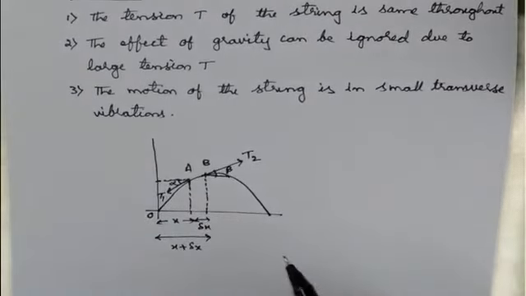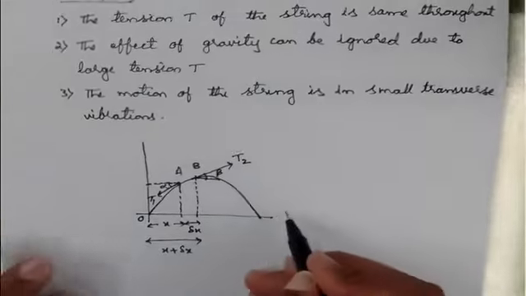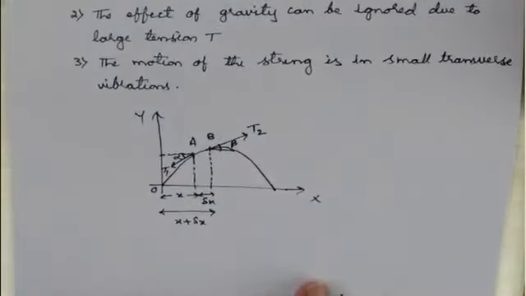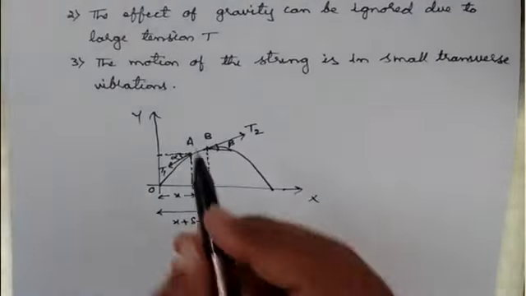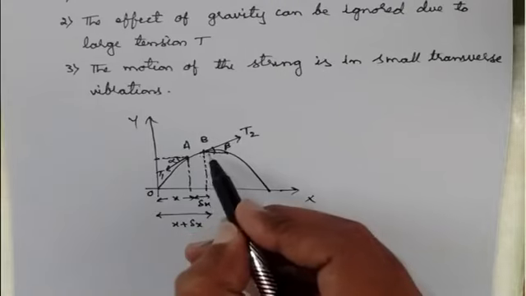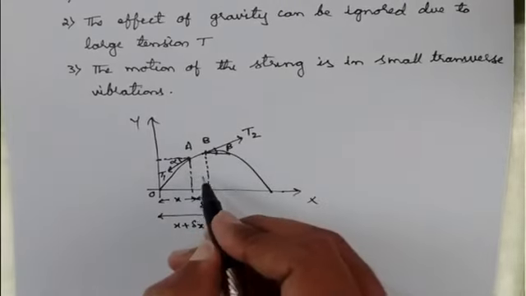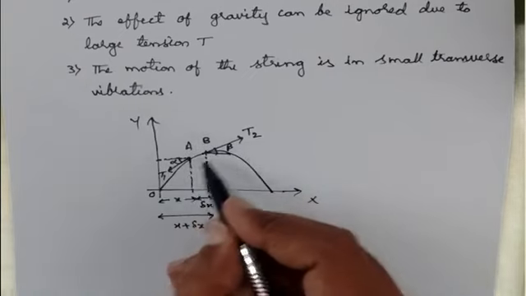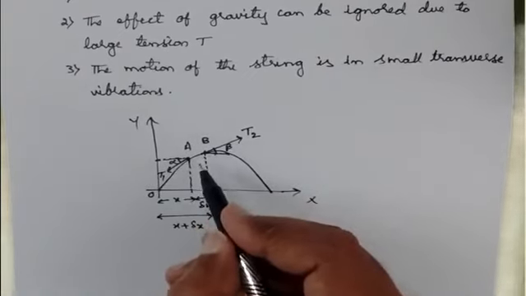So this is the wave that we are having, and we are considering the x and y directions. We are taking a small element AB and trying to study the characteristics of this string in the small length AB.